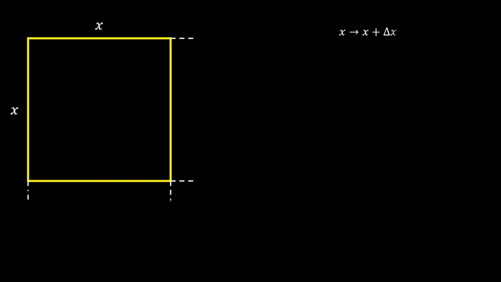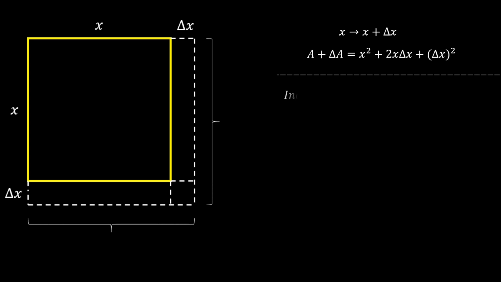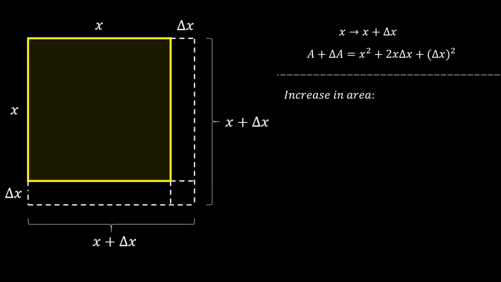Next in the list is the product rule. To explore the derivatives of products, let's start with the area of a square. When we stretch the square so that its side length increases from x to x plus delta x, its new area would be equal to x squared plus 2x delta x plus delta x squared.